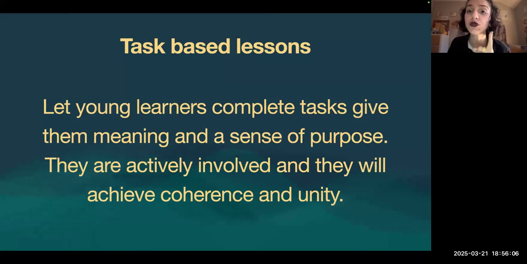It makes them feel useful, it makes them feel they're learning, and it makes them feel they are building something for themselves. So obviously the teacher needs to give guidance, but I do believe that task-based learning allows them to be independent, to believe in themselves.